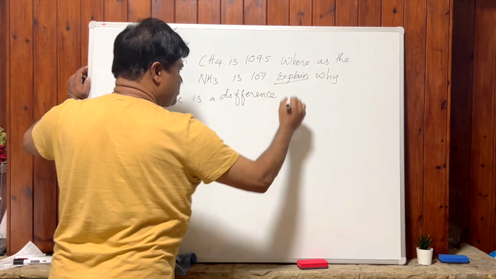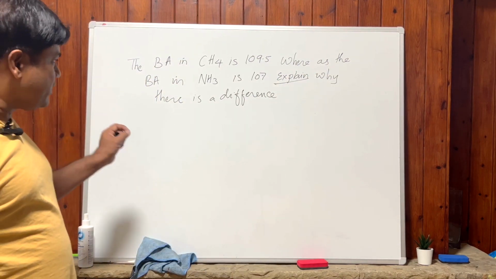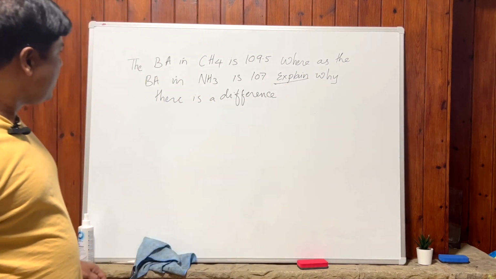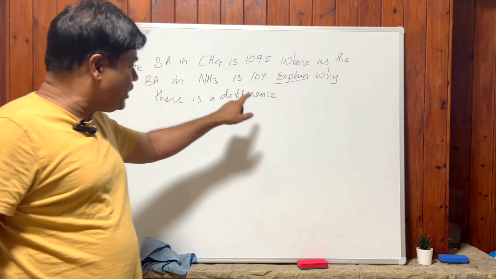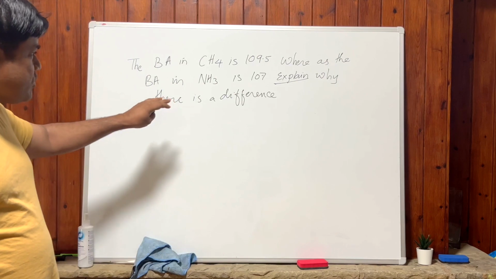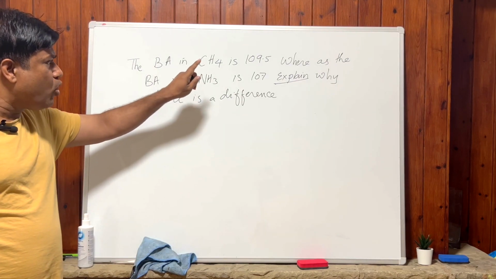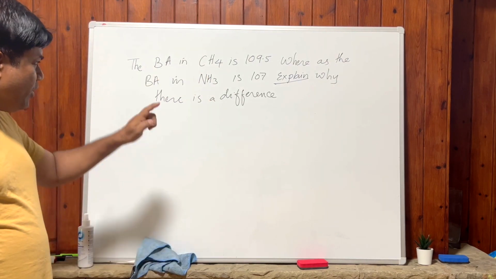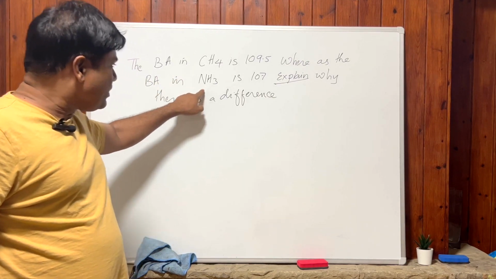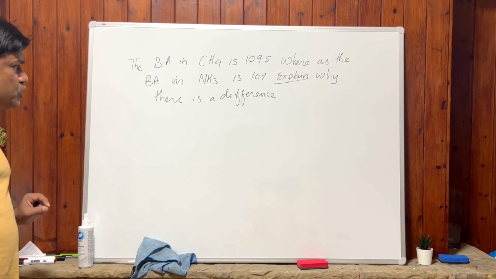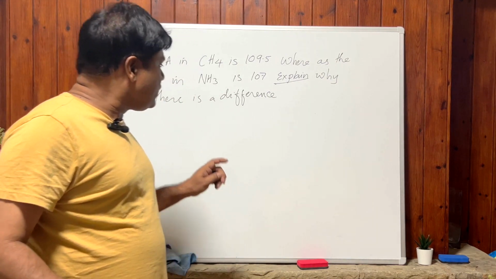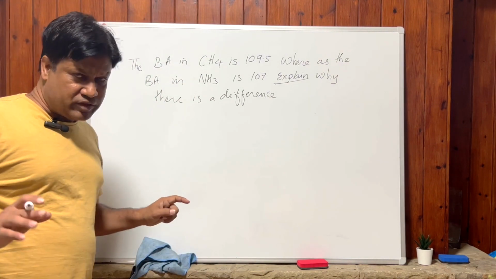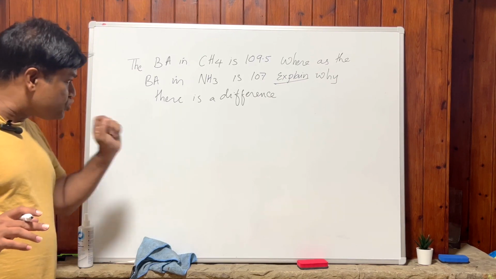Whenever you come across explain, you can't just write one word. The bond angle in methane is 109.5 because there is no bond pair lone pair repulsion, whereas in the case of ammonia, most of the students try to mention because of the presence of lone pair. Yes, I do agree, but you have to use the key term.